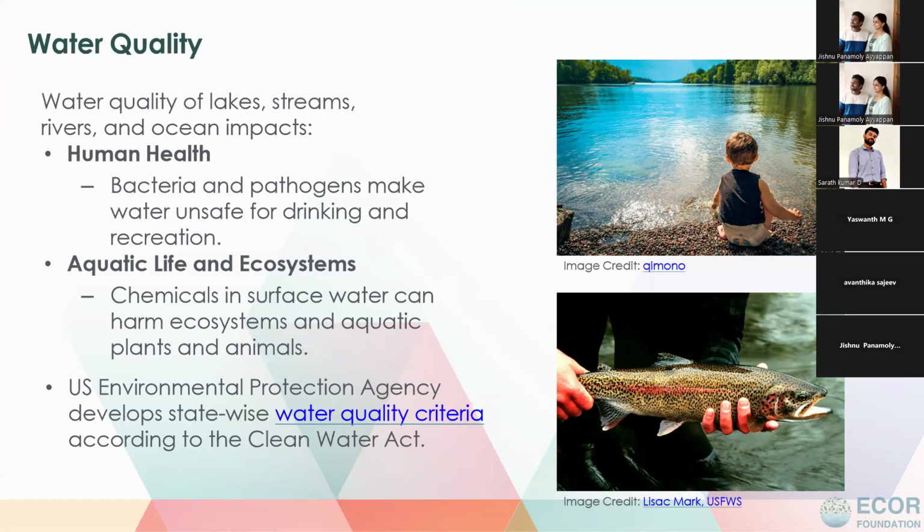Water quality affects life in so many ways, from human health to aquatic systems, drinking water, and recreation. Traditionally, agencies like the US EPA set criteria for surface water quality based on health and environmental impact.